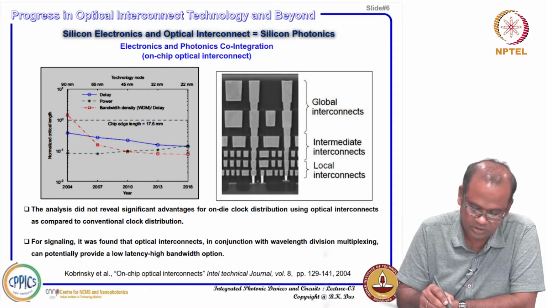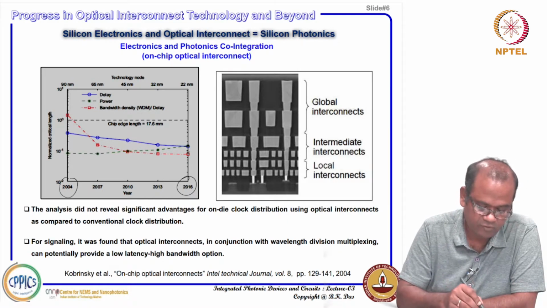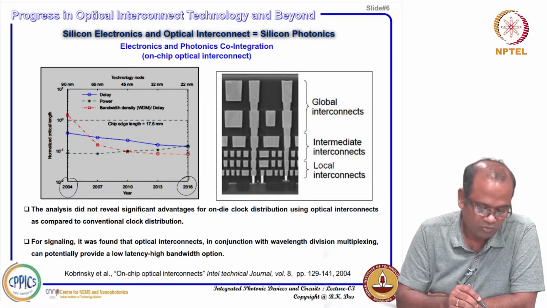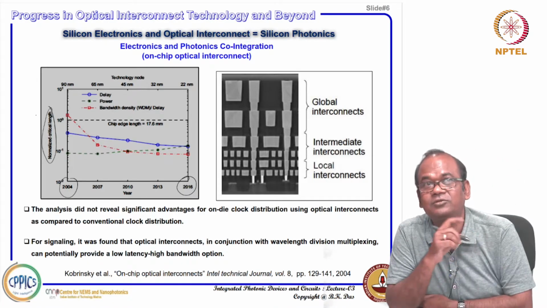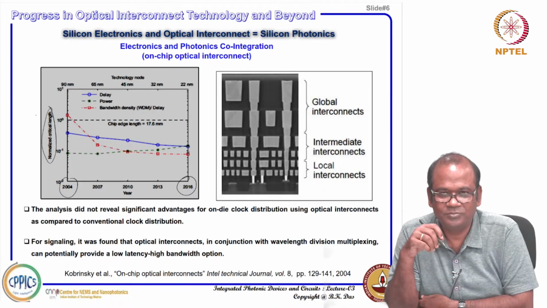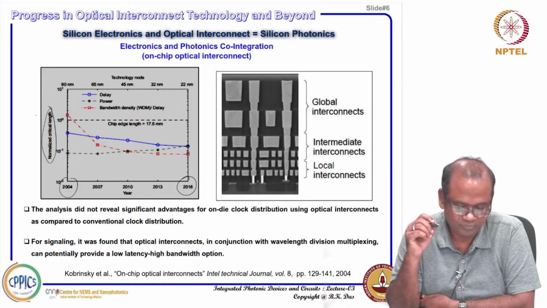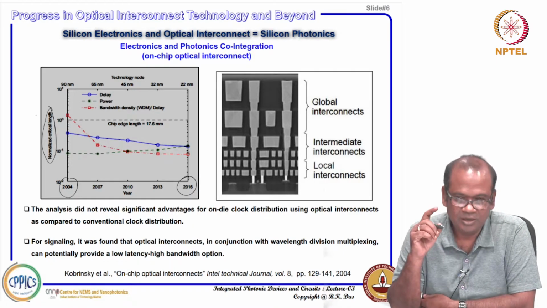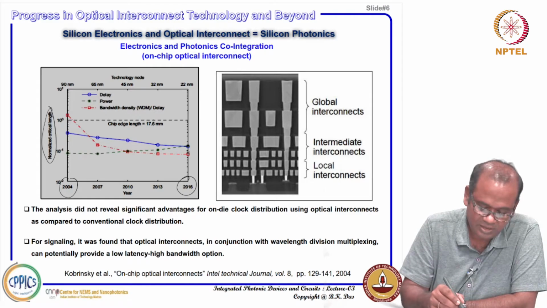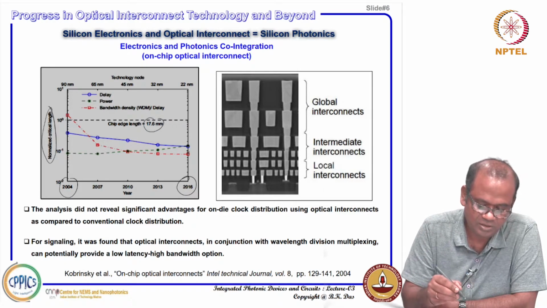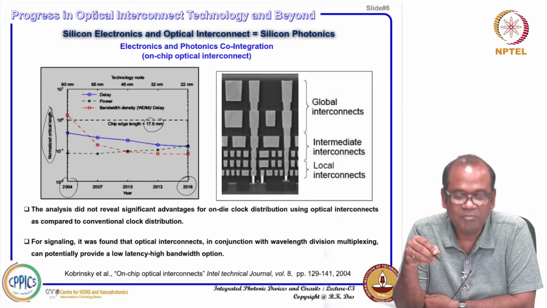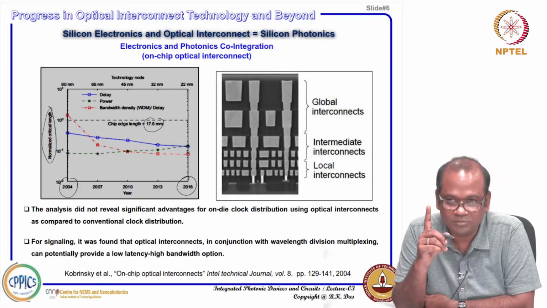The y axis shows the normalized critical length of the silicon chip for integrated circuits. A typical chip size considered is 17.6 millimeter. You can consider this as 10 to the power 0, that is 17.6 millimeter is normalized to 1.